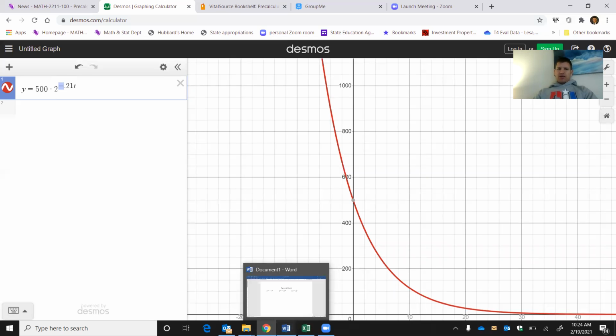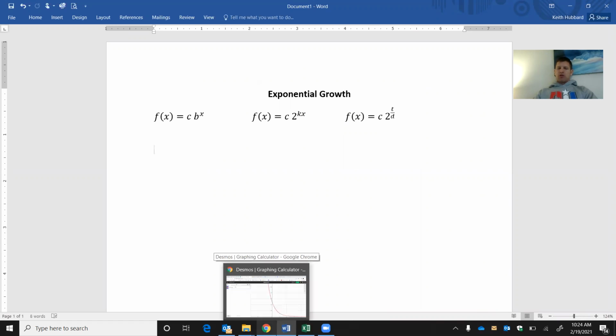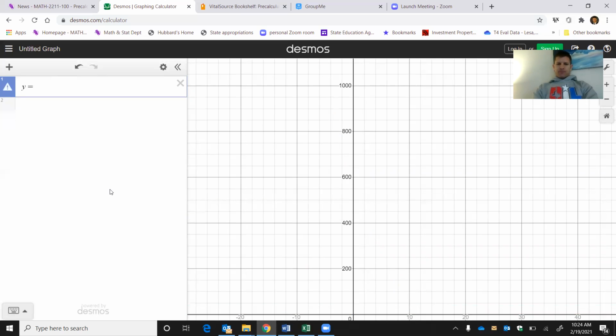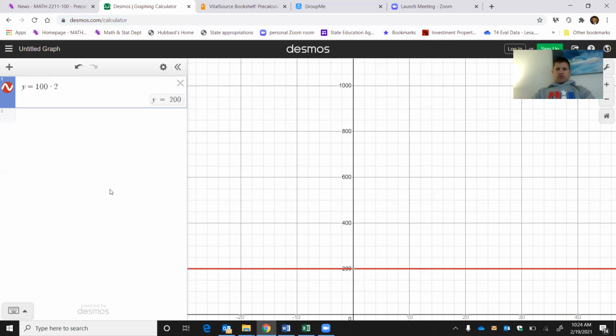One last model I'd like to chat about, and that is this model, c times 2 to the t over d. And d is the doubling time. A lot of times in biological populations, you know that you have 100 gazelles to start with, and you introduce them to a new island, and you have something that says t divided by 15.